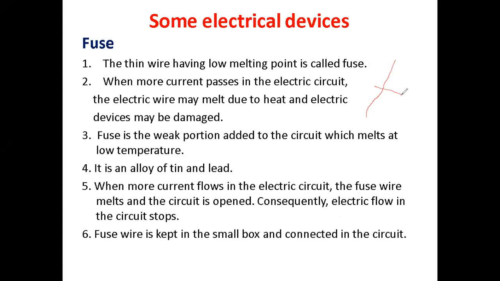That means fuse is the device used in our houses to protect the house from high voltage supply. If high voltage is passed in electrical devices connected in our houses, all the devices will be damaged.